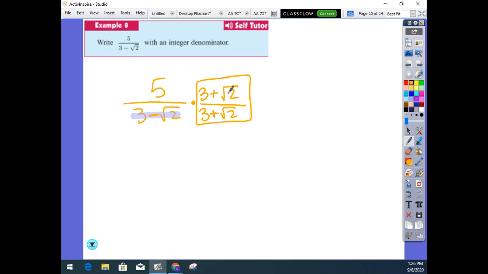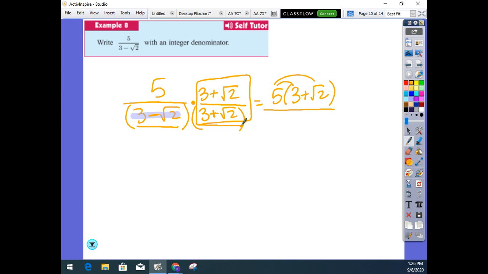Now, when I distribute the top, this technically is 5 times that quantity, right? So we're going to distribute. I wanted to just show you that. You don't have to write this every time, but let's look at the bottom. I'm multiplying the bottom. I have to distribute. I'm multiplying one quantity by another quantity, so think of them both in parentheses.